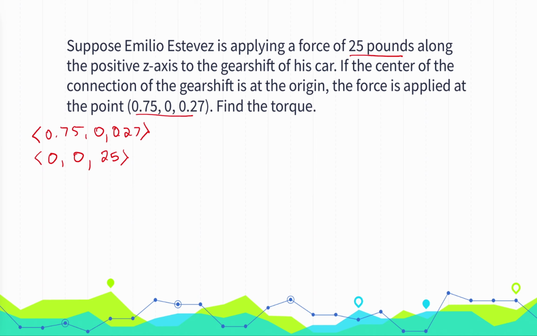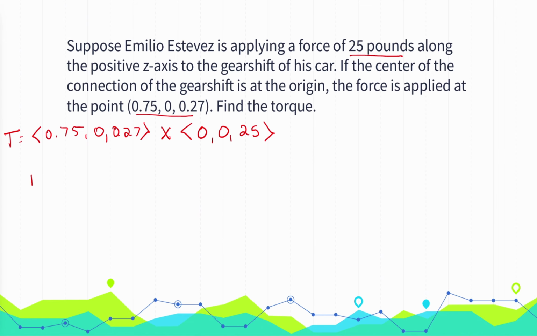And so we want to find the cross product of these. I suppose I could write this like this and save myself a little bit of work. We want to find the cross product of these two vectors. And that's going to give us the torque.